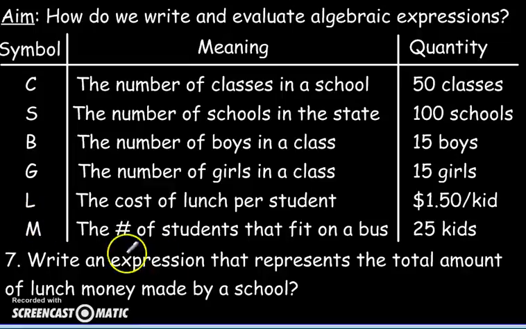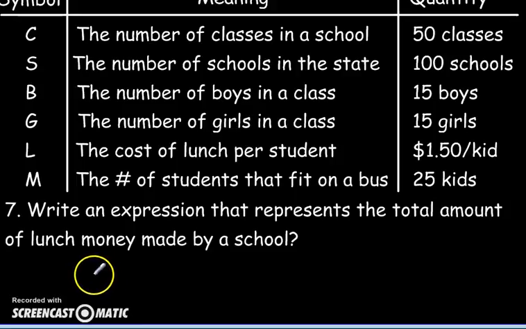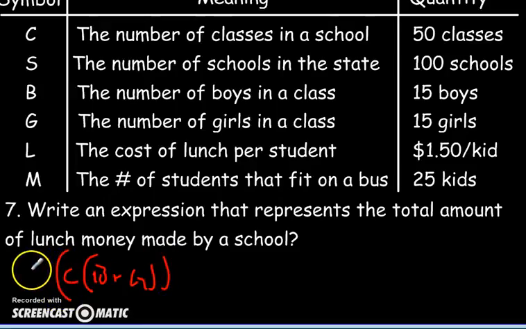Alright, let's write an expression that represents the total amount of lunch money made by the school. Alright, so that's the number of boys plus girls, the number of boys and girls in one class, times the total number of classes, times the cost, so that's the total number of kids in the school, times L, which is the total amount of money made by the school.